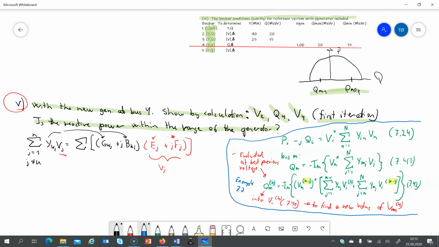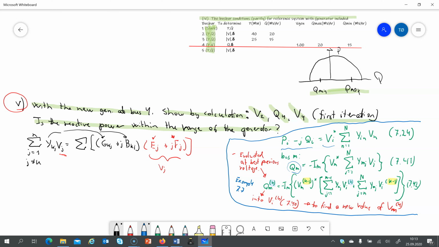In the book, on the right-hand side, I have now put out the equations from Gauss-Seidel when you work with the reactive power and the voltage control bus. This is how we define it here. For bus M, we have the reactive power: we take the imaginary part of the total S, as you can see here. Formula 7.42 is the way you use it when you have several iterations.